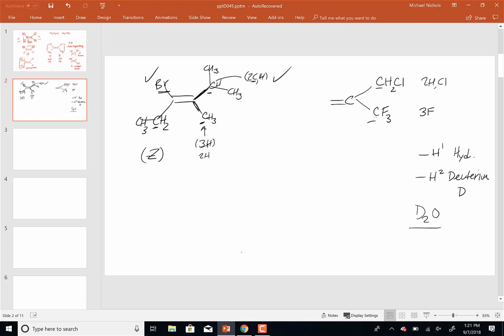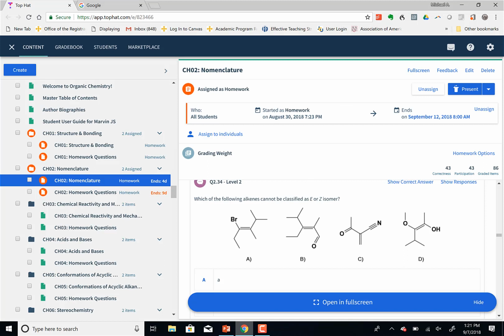What we do is continue going down the line until we find a point of difference. Let's go back. Oh, the next one has a really good one. So let's see, isopropyl ethyl methyl aldehyde.